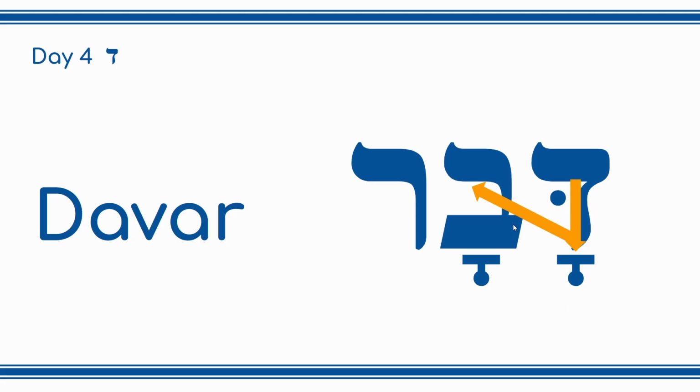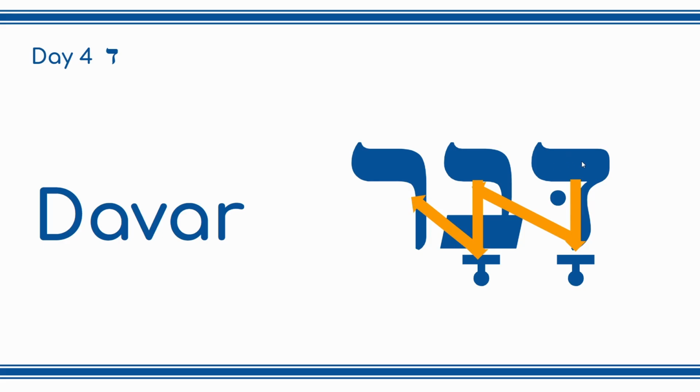And it makes a V sound, v. And then you're going to look down, you see another kamatz, so it makes an ah sound. Then you're going to look over and you're going to see the letter resh, and it makes an r sound. You haven't learned this letter yet. It's okay, you will learn it later. So you're going to see the zigzag pattern, and you're going to pronounce it this way.